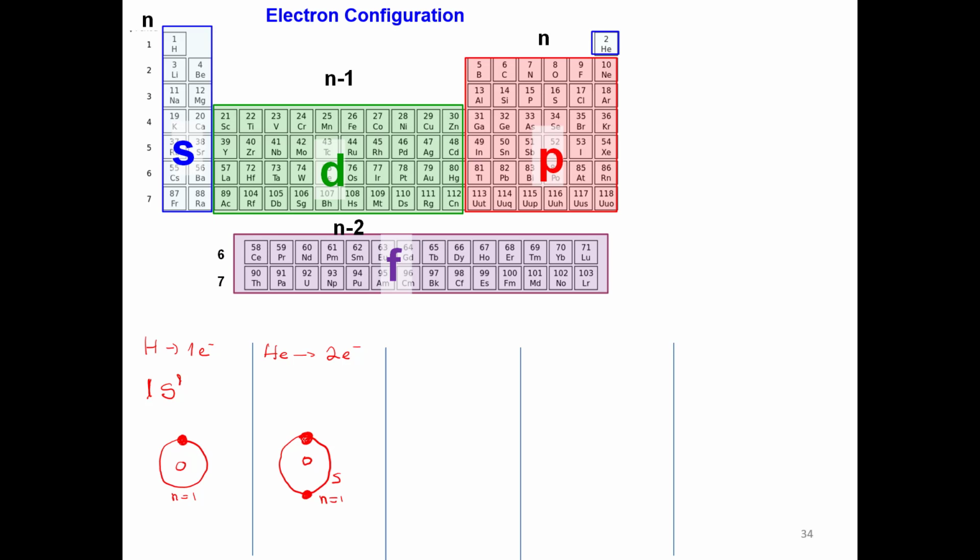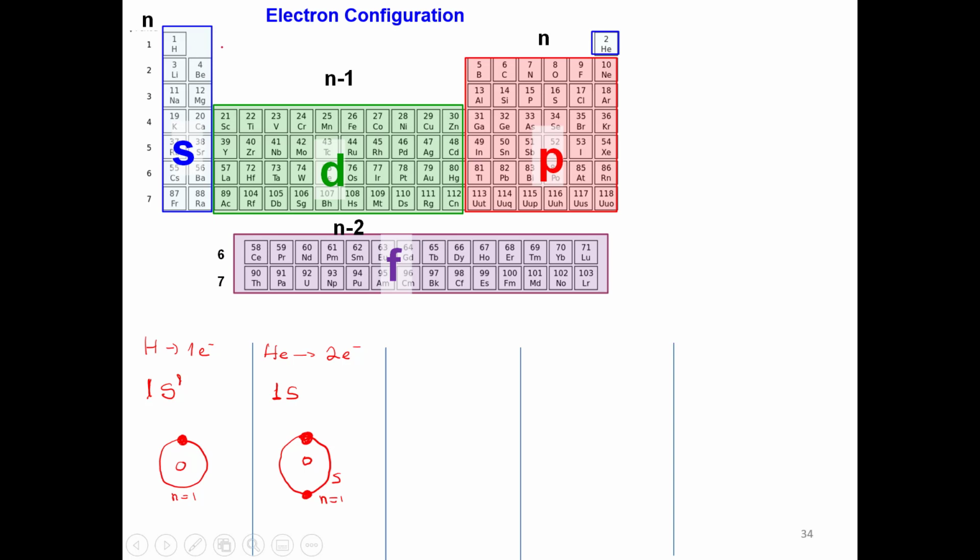And let's try to get the electronic configuration using the periodic table. Then helium must be here. Then it is 1 because this is the main quantum number of the principal orbital, 1. s, because it's in the second column, has 1, 2 electrons.